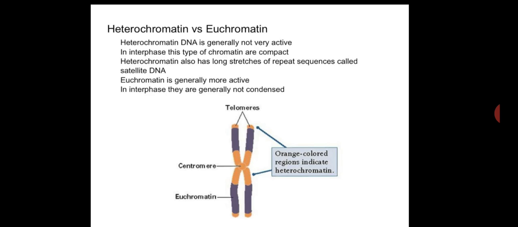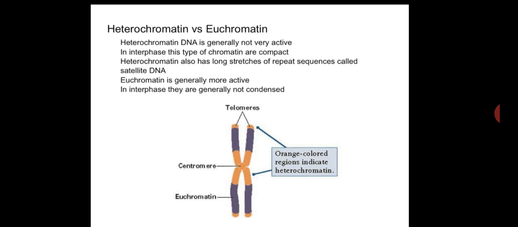So once again I am repeating: heterochromatin is a highly condensed region, which takes a high amount of stain, and we observe high intensity of staining in these regions.